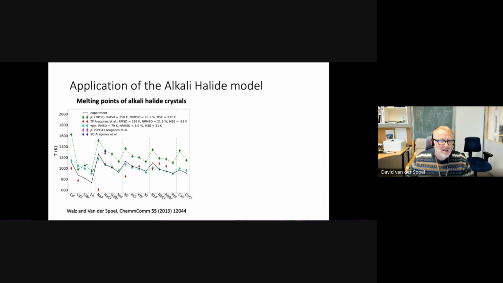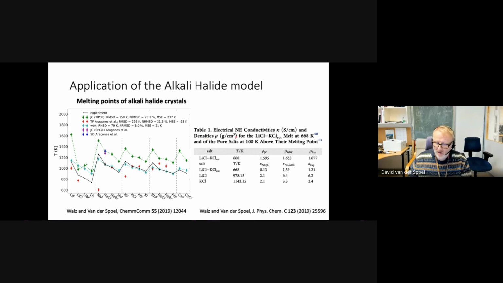And the stars are our best model, which gives an RMSD of like 70, 80 Kelvin compared to 250 for the non-polarizable model. So the melting point is like 3 times more accurate than for the non-polarizable model. Of course, it's more expensive, but then you get something in return as well.